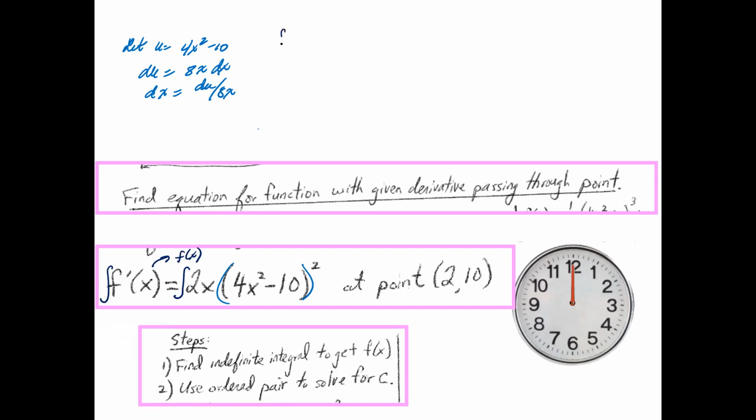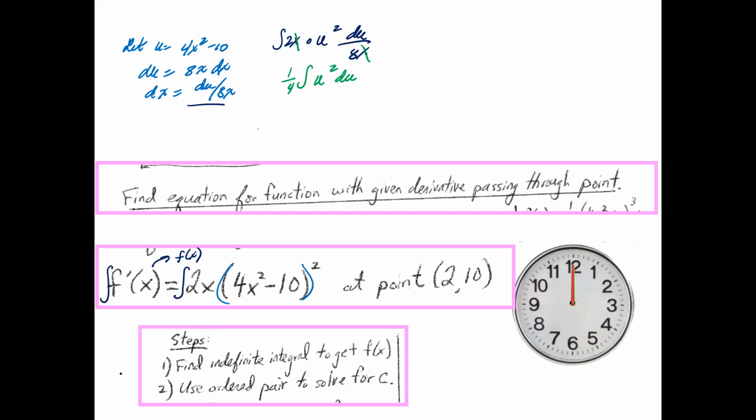So then I will have the integral of 2x times u squared dx. I'm going to go ahead and replace the dx with a du over 8x. And I am able to cancel the x, which is great, and then have a 2 over 8, which is a 1/4 u squared du.